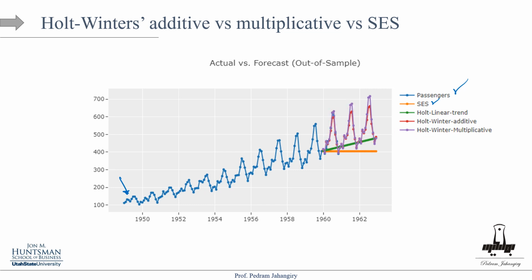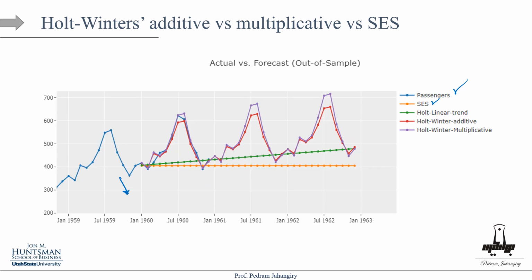I can zoom in. Let me actually zoom in and show you. Because we're going to use PyCaret for the time series regression, this is going to be your train set. And PyCaret is going to call this the holdout period.